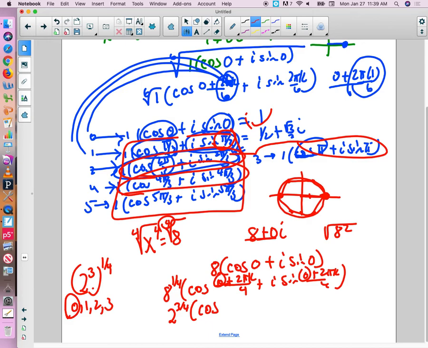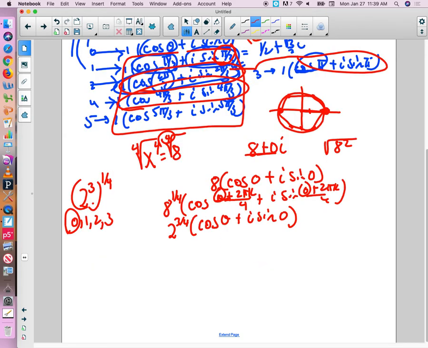If we fill in 0, we're just going to get 0. And if you work this out, you would get 2 to the 3/4. And if you raise that to the 4th power, you would definitely get 8. So that's an easy one.